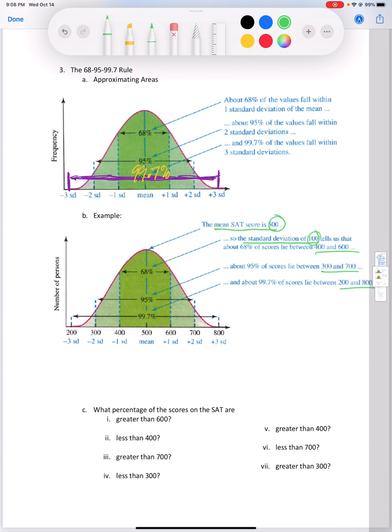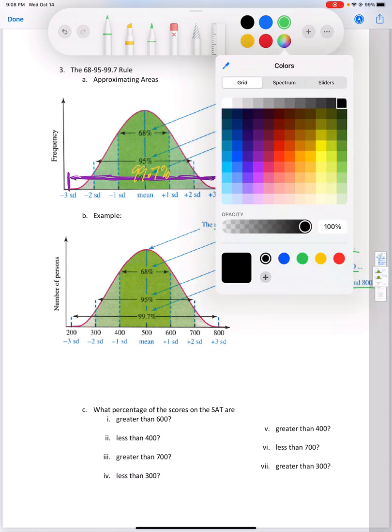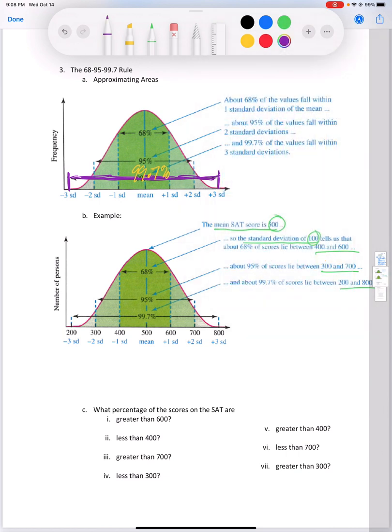So let's take a look at one thing that we can also say. We can also say that given that this distance right here from this point to this point is 68%, as we see here, there's a certain percentage from this point to this point.